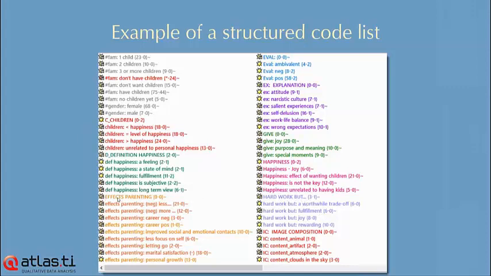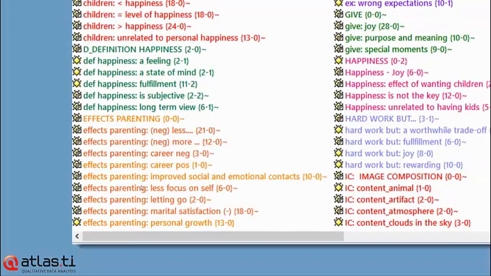Actually, in a later version, if you look down here at the effects of parenting code that I'm now zooming in on, I actually separate it out into 2 categories, positive and negative, because you have more flexibility in analysis later on.